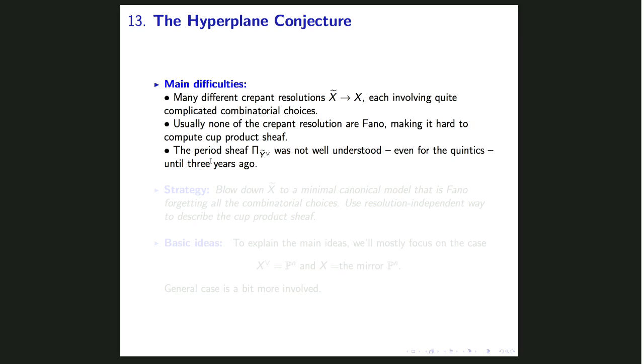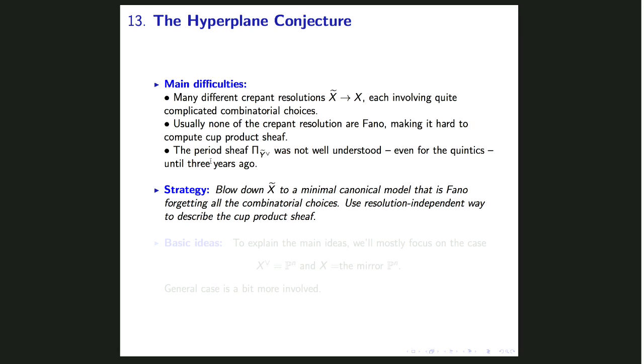The conjecture involved two sides. One involved the cup product, the other involved an analytical object, the period sheaf. That period sheaf was not understood at all, even for the quintic case, these 204 functions, until just 3 years ago. So that kept the conjecture unsolved for more than 20 years.